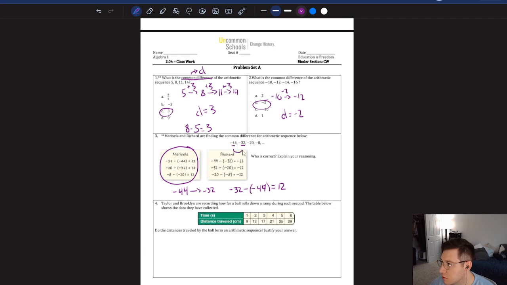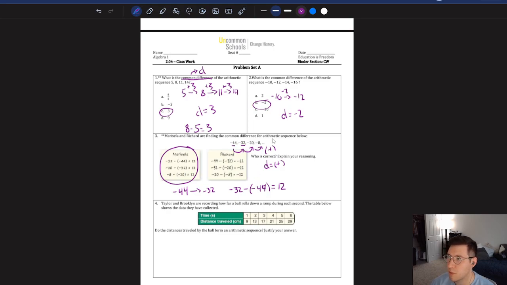This actual sequence, we're approaching 0, and so we're actually getting more positive as we go. If we're getting more positive, well, that means that our common difference would have to also be positive, which means that Richard would just be sort of like doubly wrong, right? It couldn't be negative 12 if we were still continuing to move up on that number line.